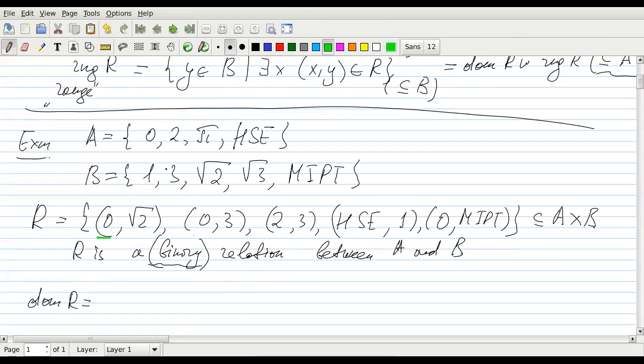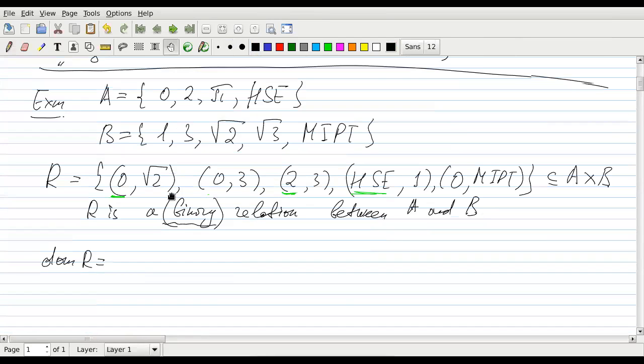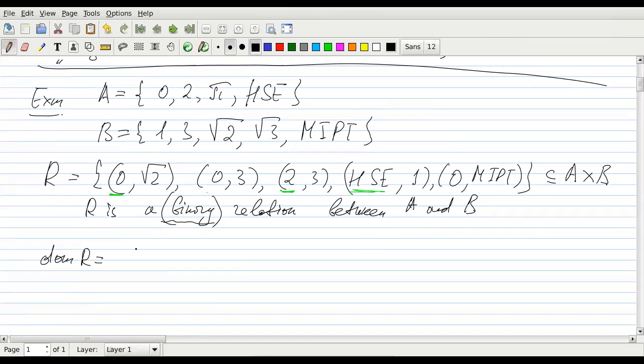And what about 2? 2 is an element. What else? Well, HSE. And 0, but 0 has already been taken into account. So the domain is just 0, 2, and HSE, which is a subset of A, but which doesn't equal A. Is it clear?